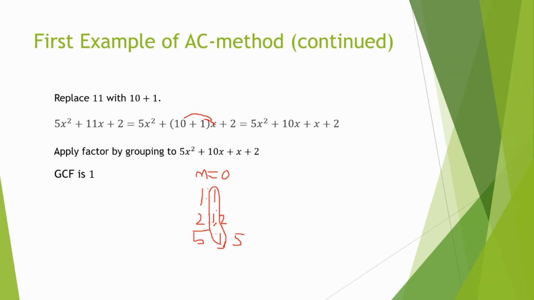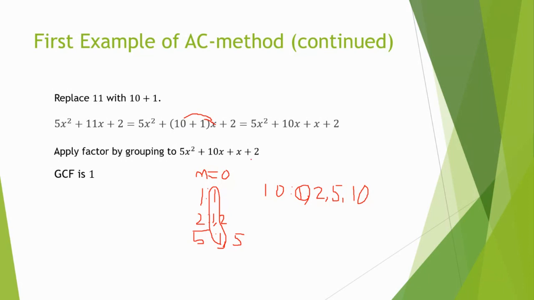Because the greatest common factor has to be a common factor of all the numbers. Even if I did list 10, I guess I'll do that. We have 1, 2, 5, and 10. But hopefully you can see that the only factor in common is 1.